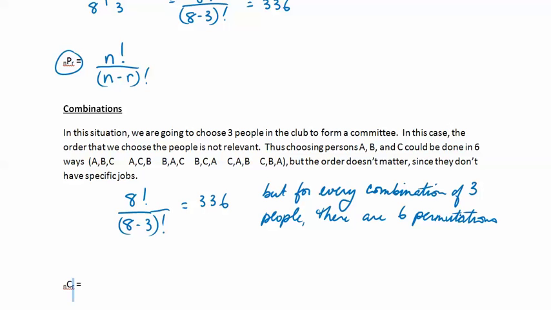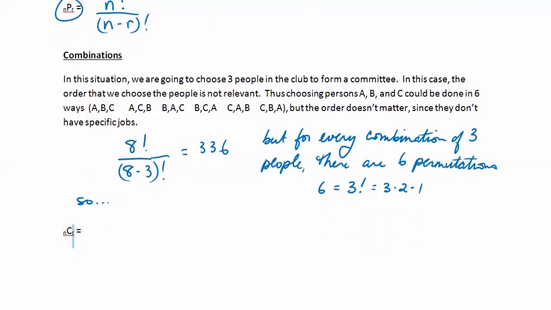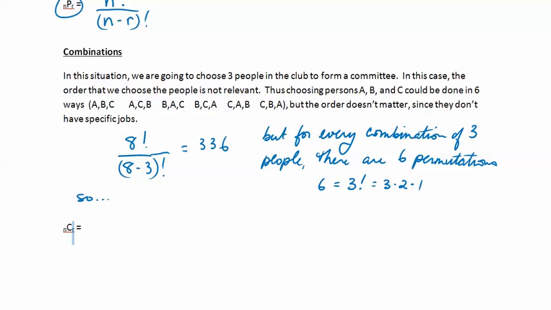Okay, another way of saying that 6 equals actually 3 factorial, in other words, 3 times 2 times 1. So we are going to divide our permutation by 3 factorial.